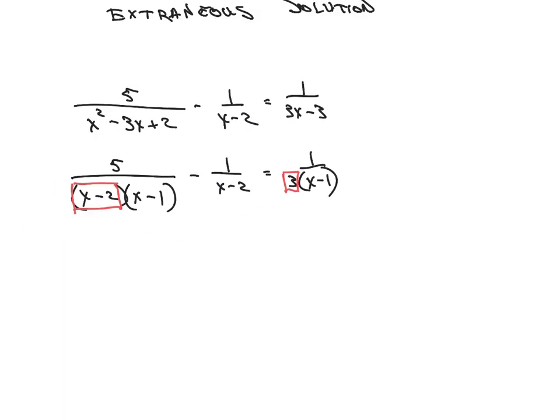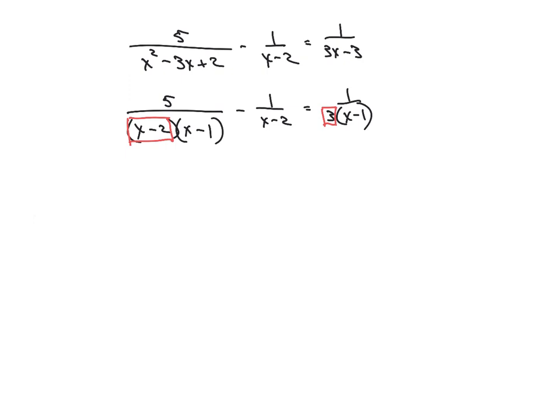So let me slide this over a little bit. So we're going to multiply our entire equation by x minus 1 too. So there's an x minus 2, an x minus 1, and a 3. So let's pull all of those out.